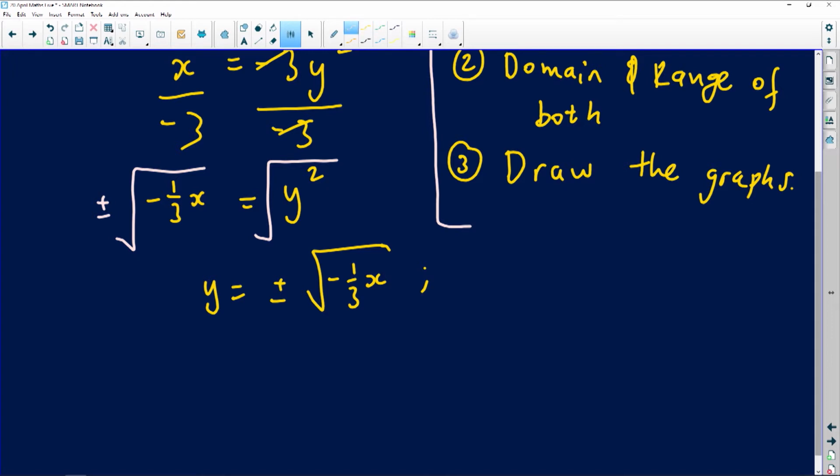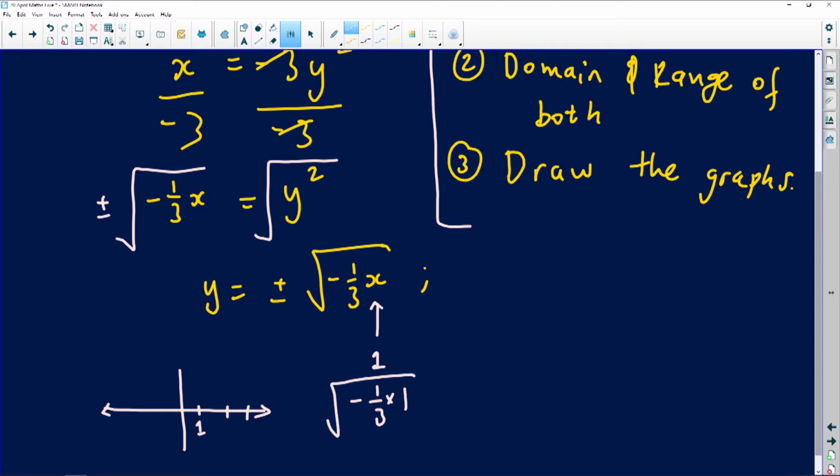Remember, the Cartesian plane has positive and negative x values. Now think about anything positive. If I take a positive number, even a 1, and I sub it here, I'm going to have negative 1 over 3 times 1 under the square root sign.